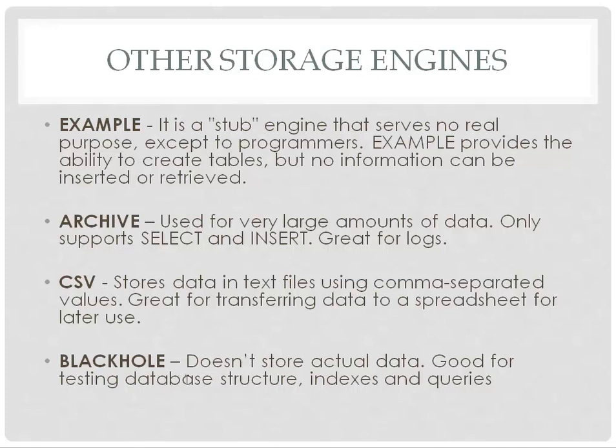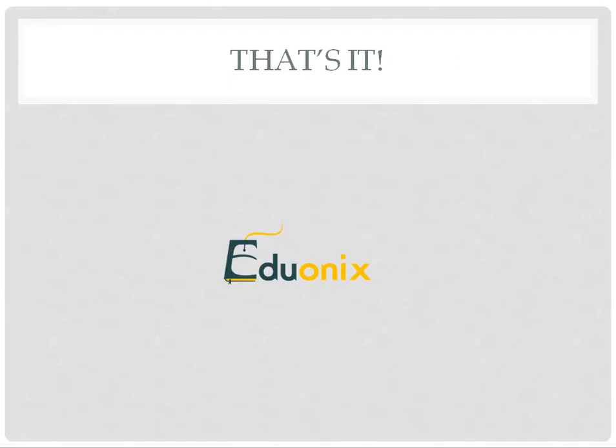Black Hole actually doesn't store data at all, but it is good for testing structure, indexes, and queries, things like that. So that's a rundown of all the storage engines. We will only be dealing with InnoDB and MyISAM. So next we are going to get into data types and understanding what kind of data types are available to us.